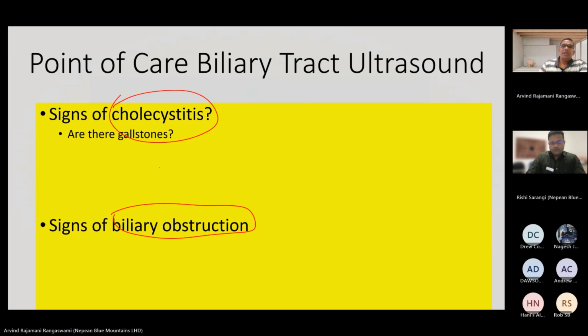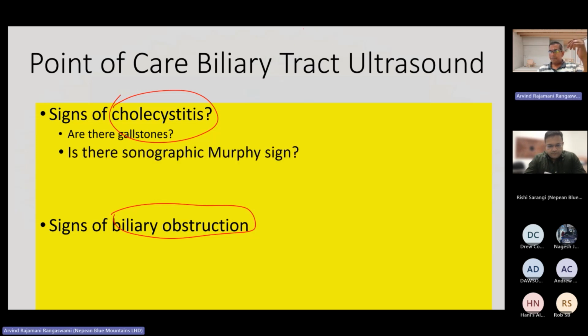But if you have gallstones, that doesn't automatically tell you that the patient's deranged liver function, for example, or the fever is due to cholecystitis. That's just one part of the problem, because gallstones are not new. Gallstones are subacute to chronic, and therefore they've been there forever. And you don't know whether that's actually causing the acute problem now.